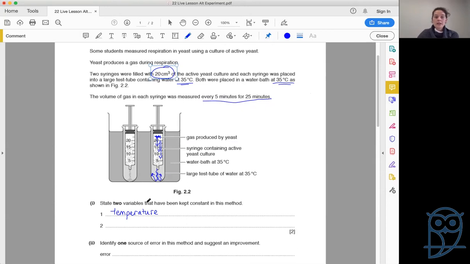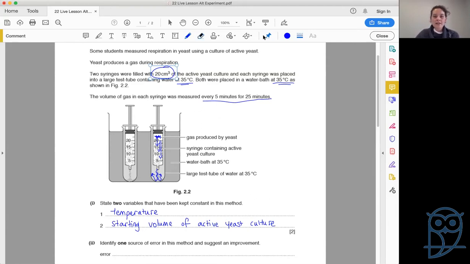Another variable that's been kept constant, we circled it. Anytime we measure something with a volume, that is again a way of keeping things constant. So our starting volume of yeast, but it's not just yeast, it is a culture of active yeast. So it's a starting volume of active yeast culture. So now the thing is that is two options. Okay?